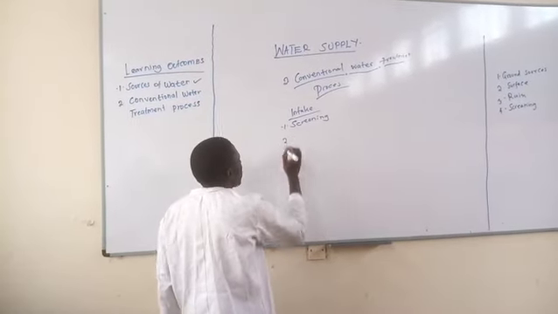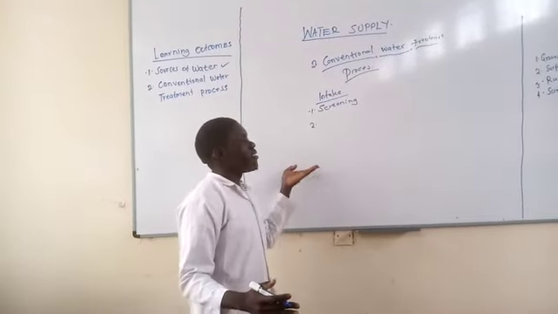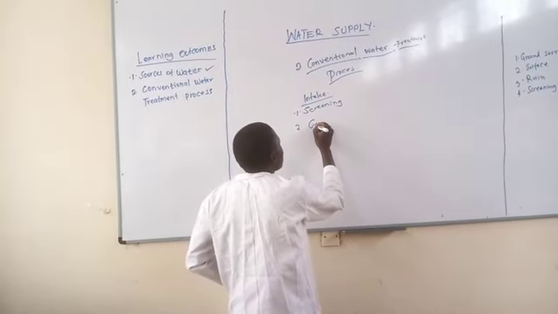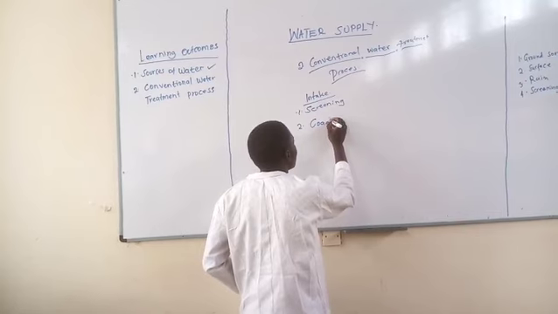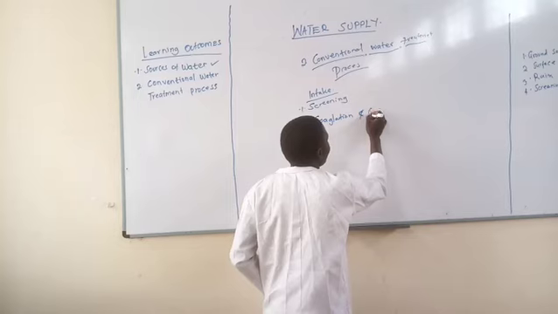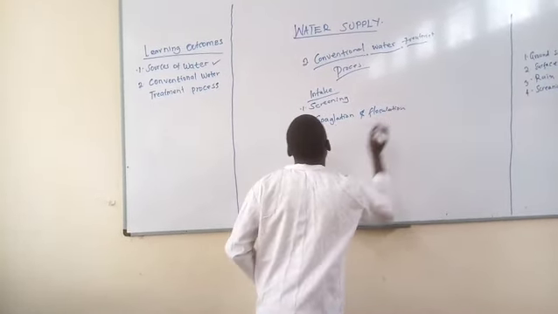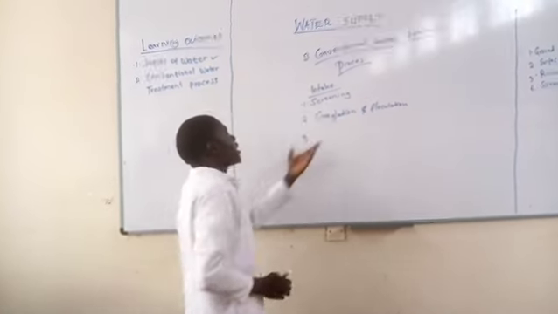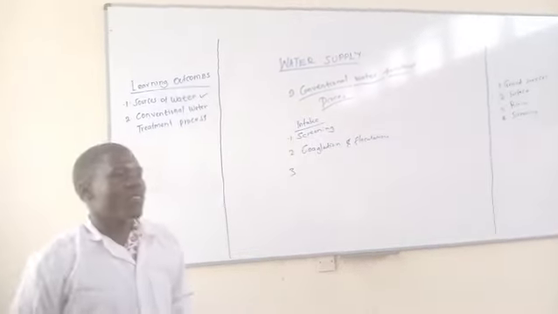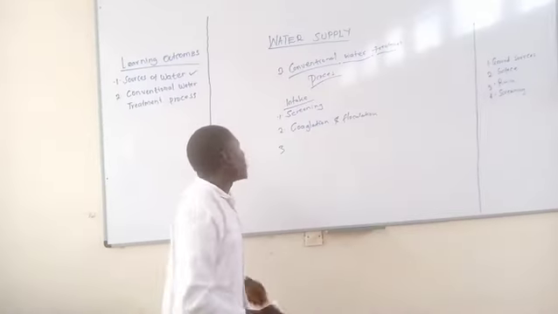Then from there we have coagulation and flocculation. Coagulation is a process that involves addition of chemicals like coagulants and flocculants to engulf those particles to enhance sedimentation.